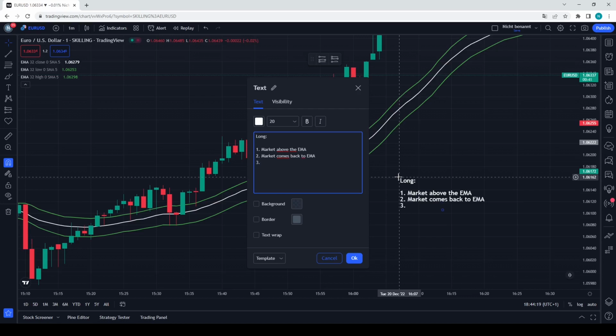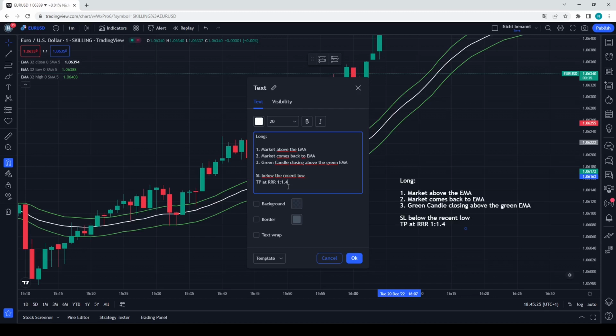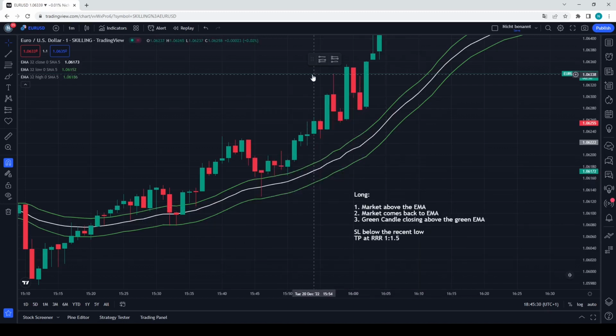As the third one, we are looking for a green candle closing above the green EMA. The stop loss will be right below the recent low, and the take profit is at a risk reward ratio of 1 to 1.5. So these are the rules for a long trade.